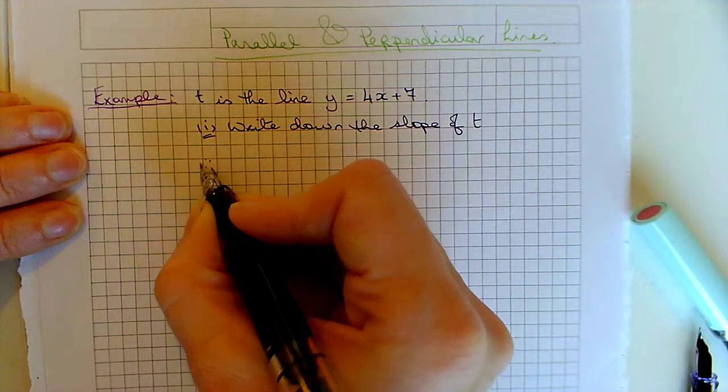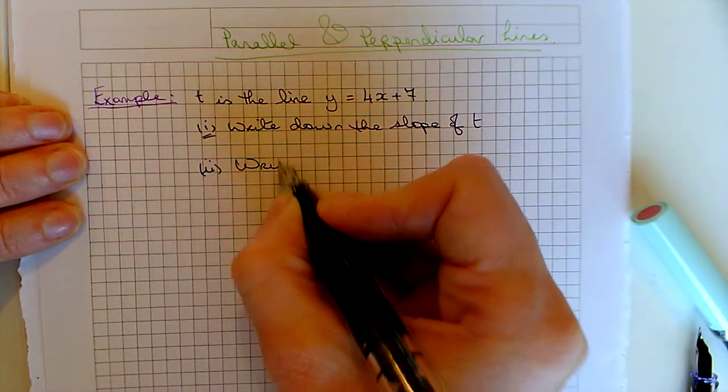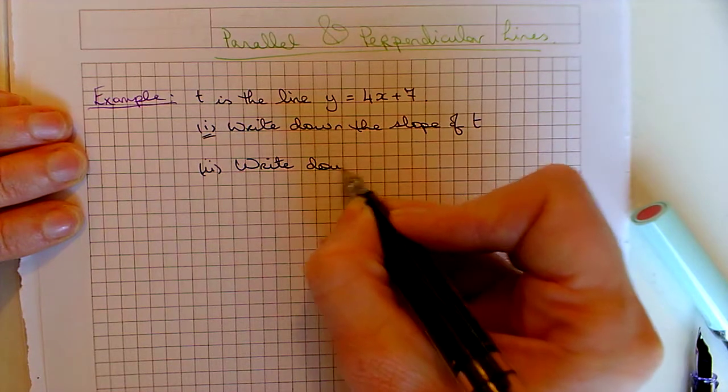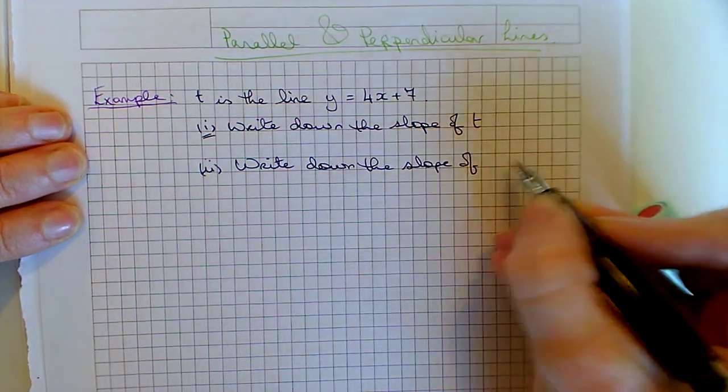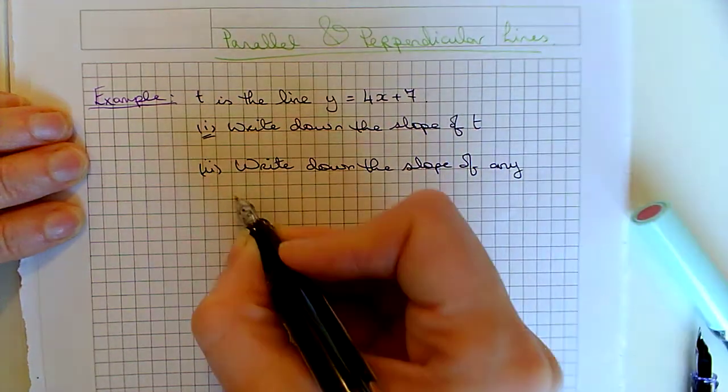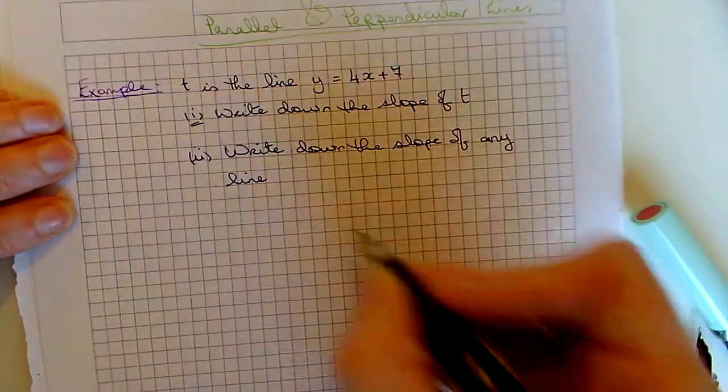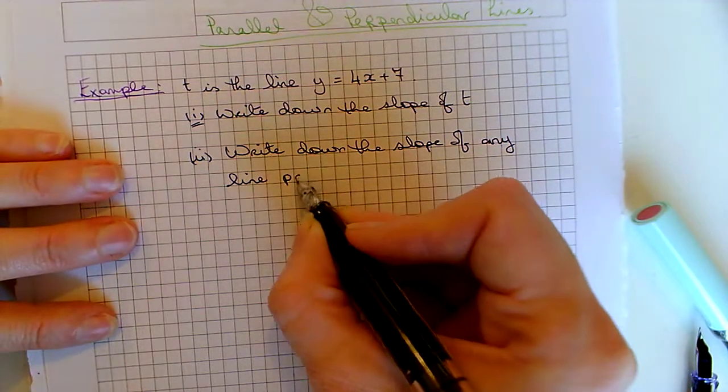The second thing we want to do is write down the slope of any line parallel to t.